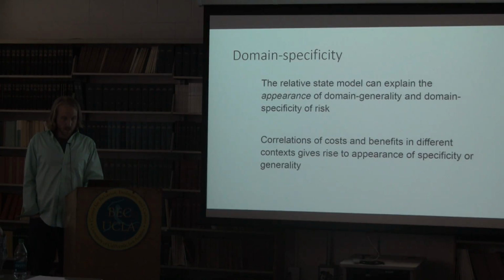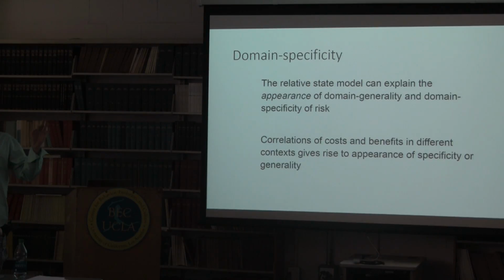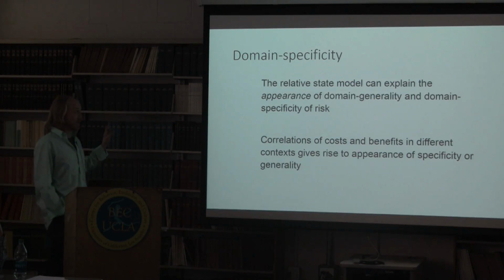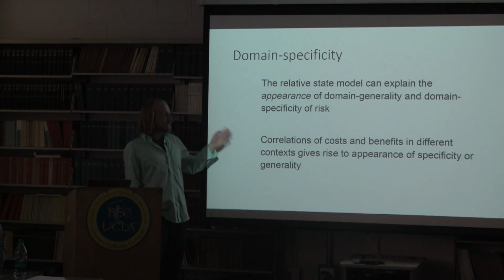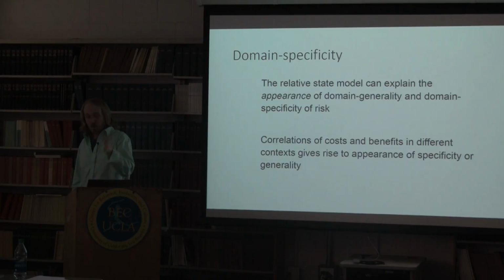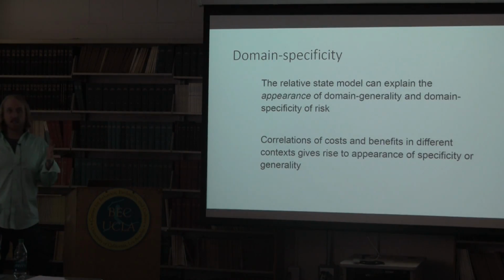I think that the best thing that this model does is resolve this appearance of domain generality and domain specificity that I talked about. And the key here is that across these multiple contexts, some of these contexts are going to have strong correlation between these cost and benefit streams.